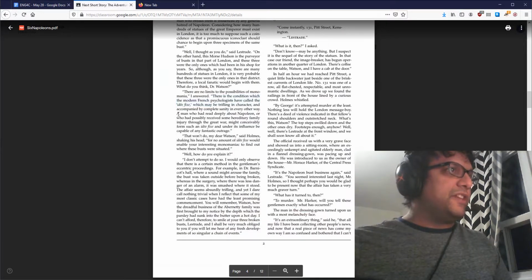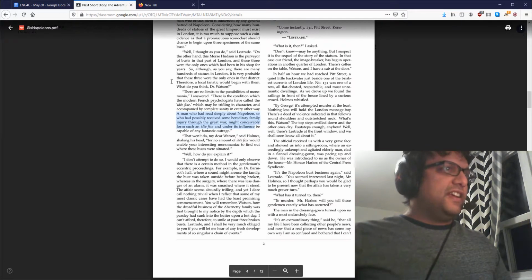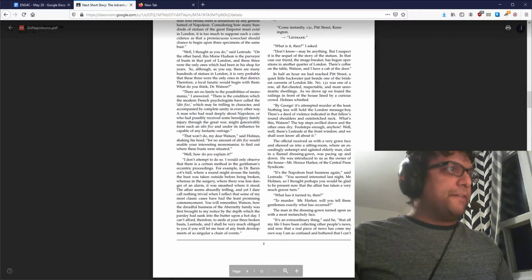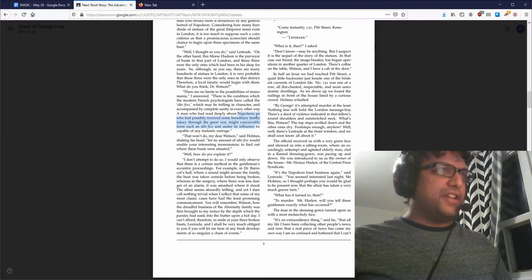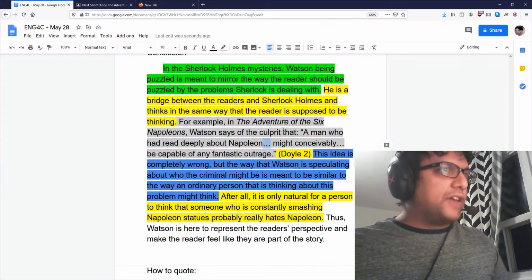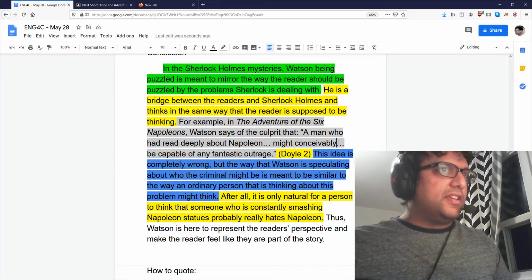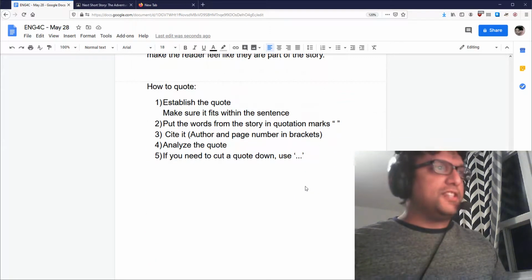So the way it reads originally is a man who had read deeply about Napoleon, or who had received some hereditary family injury through the Great War, might conceivably form such an idea fixe, and under its influence be capable of any fantastic outrage, right? So what I did is I cut all of this out because I didn't want it to be too long, and I just replace it with these ... You put, those are called ellipses, by the way, right?